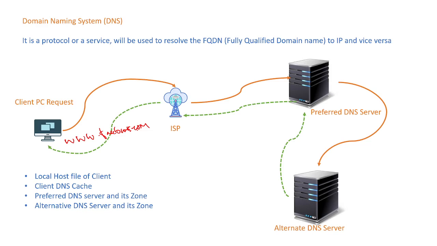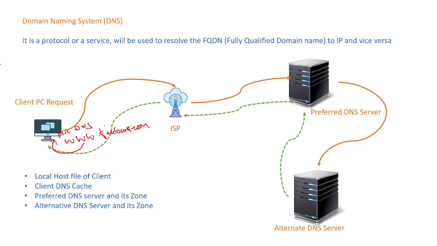Whatever is in the first place, the preferred DNS, this computer will go and ask that preferred DNS. When you type www.facebook.com, the request comes here and it checks in the preferred DNS server zones: primary zone, secondary zone, tertiary or stub zone. It will look for the facebook.com address.